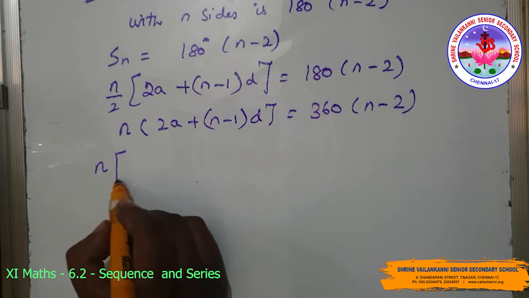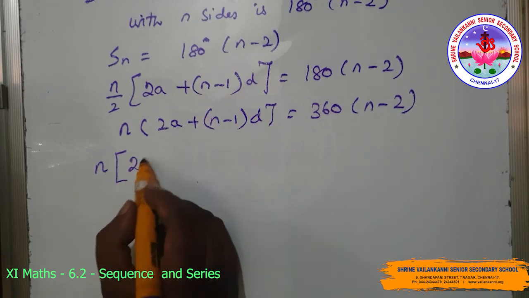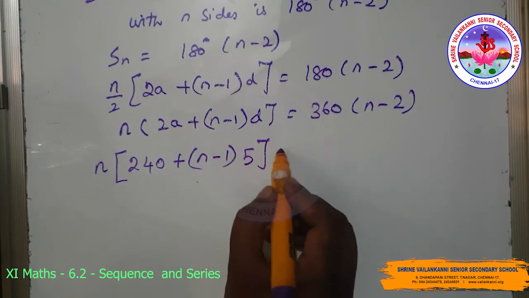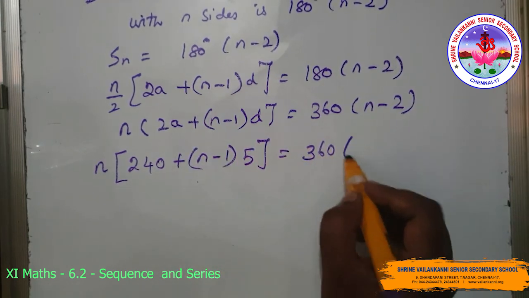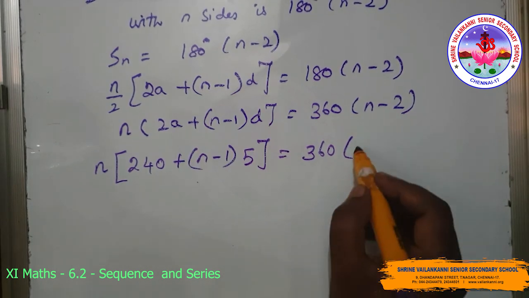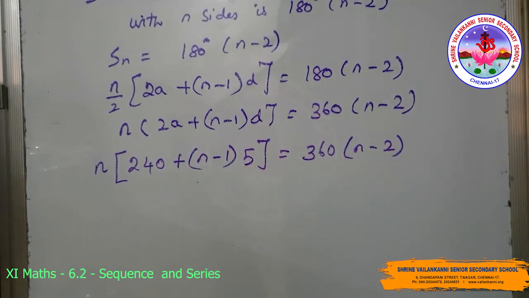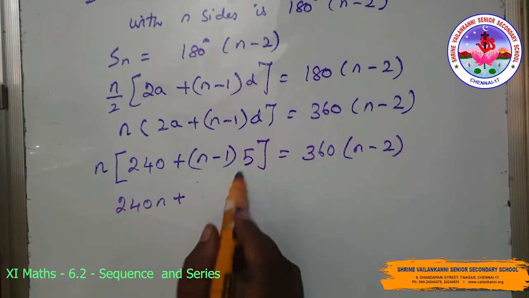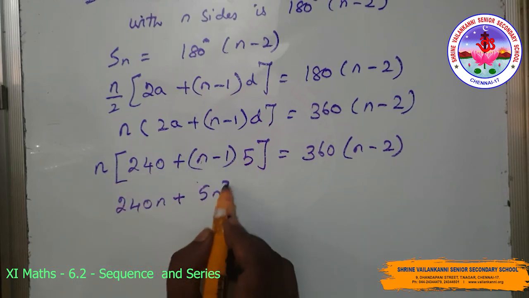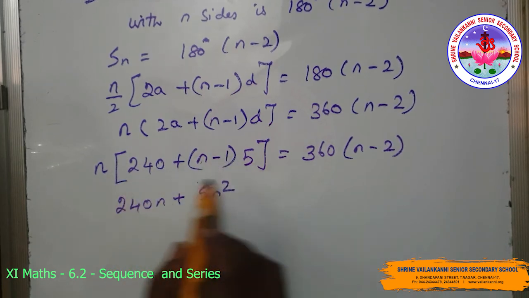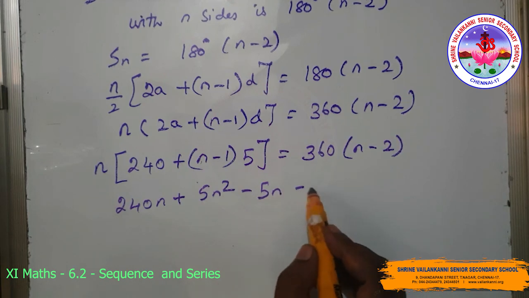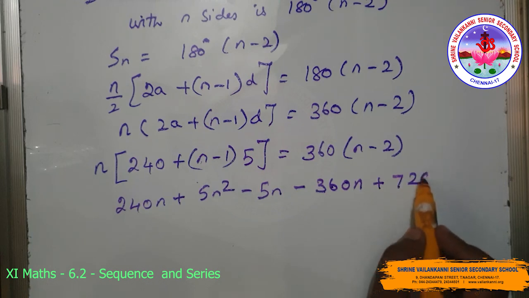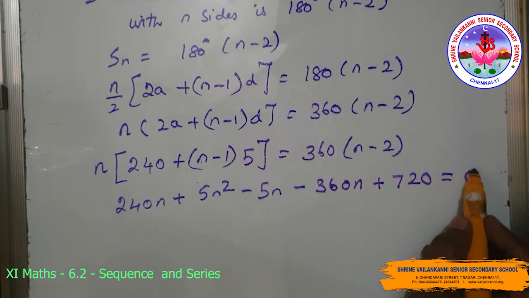So n into 2 into 120 is 240 plus n minus 1 into 5, which is equal to 360 into n minus 2. So simplifying this, 240n plus 5n square minus 5n minus 360n plus 720 is equal to 0.